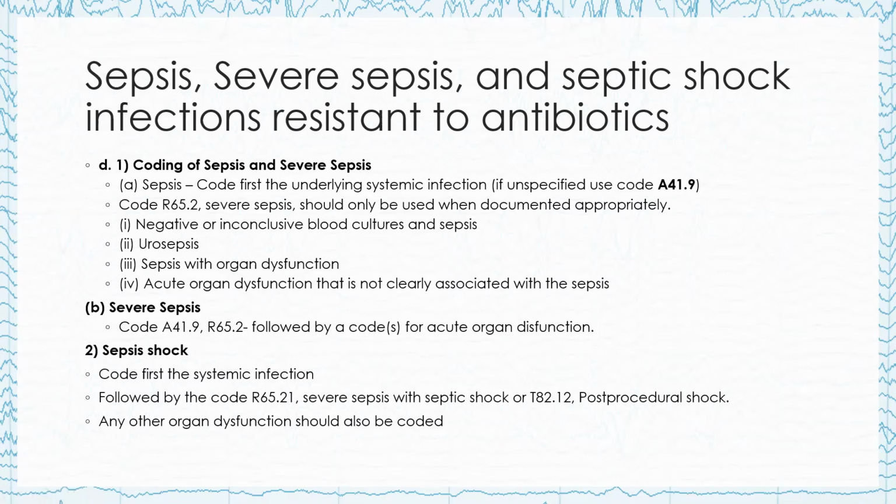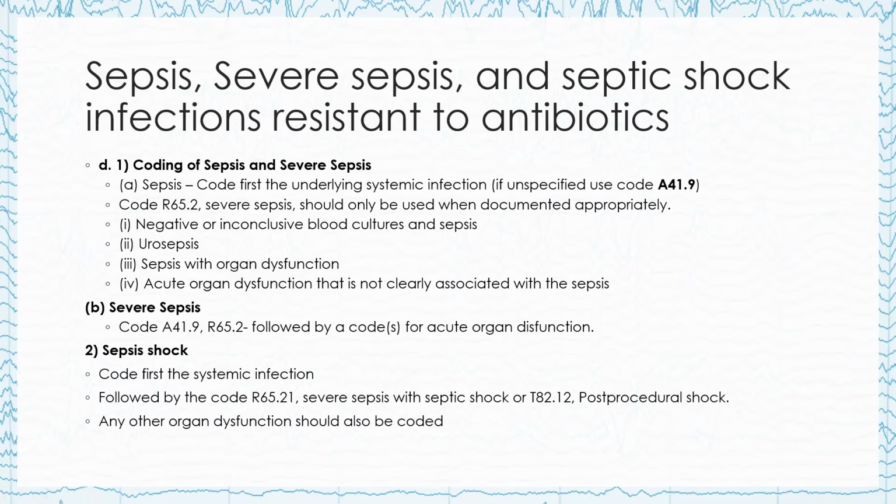An acute organ dysfunction must be associated with the sepsis in order to assign this severe sepsis code. If the documentation is not clear as to whether an acute organ dysfunction is related to the sepsis, again, make sure you query your provider.